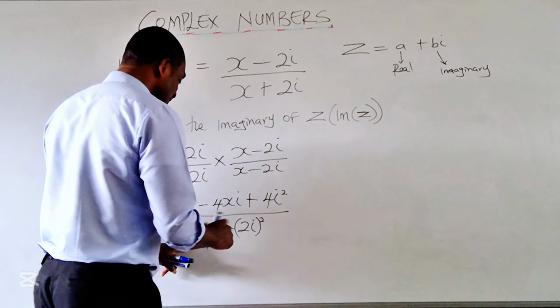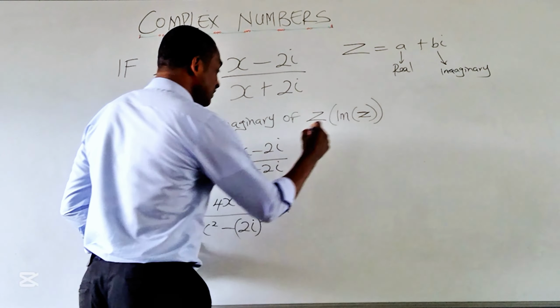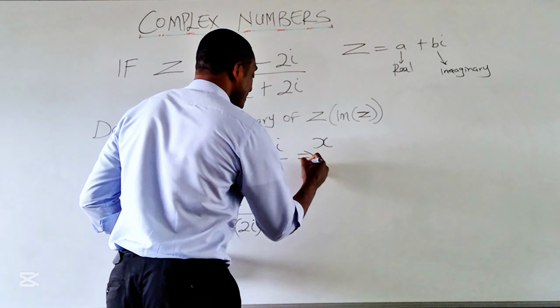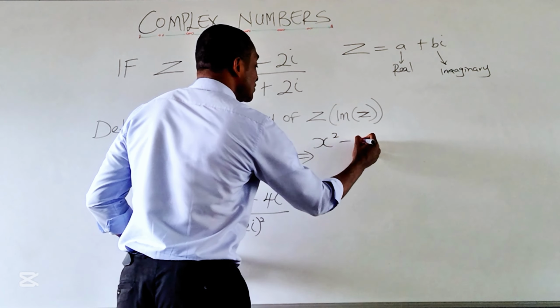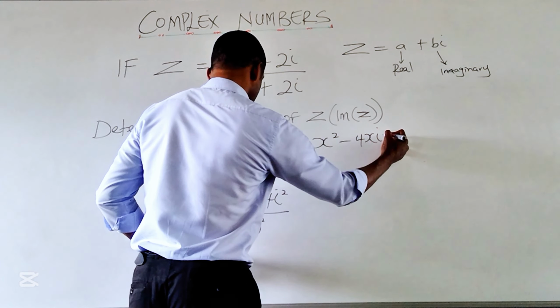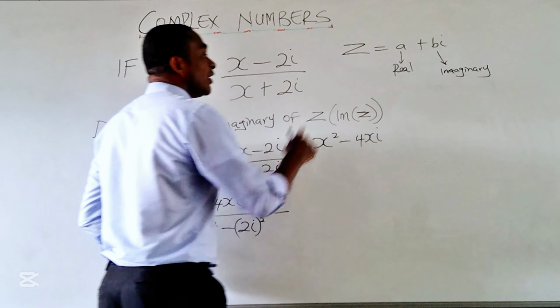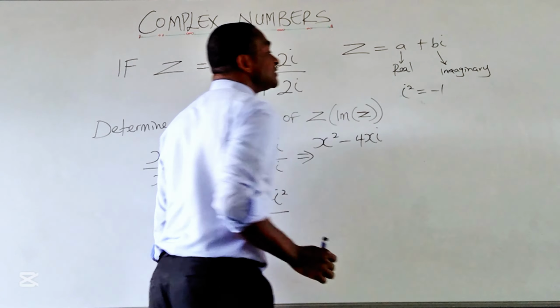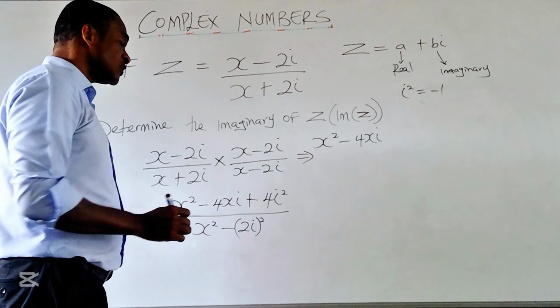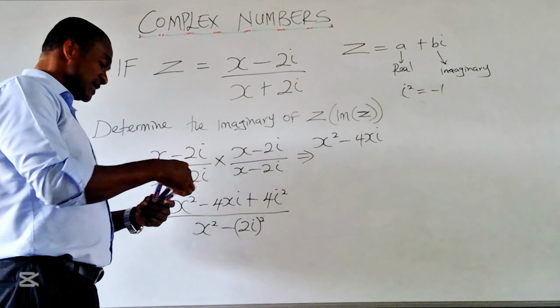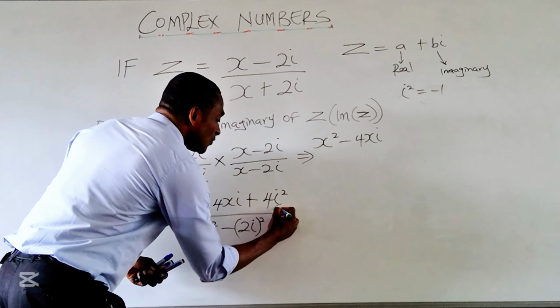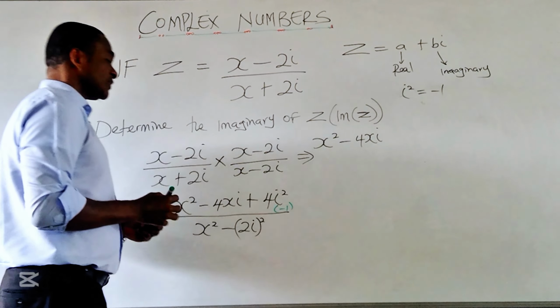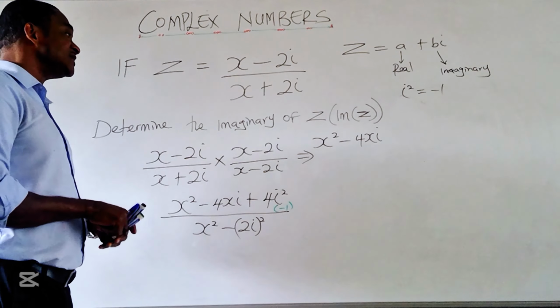Now what do we do next? Let's simplify. This is x squared minus 4xi. Remember, under further studies mathematics, that i squared is equal to negative 1. So if we replace the i squared here with negative 1, we have 4 times negative 1, which is negative 4.